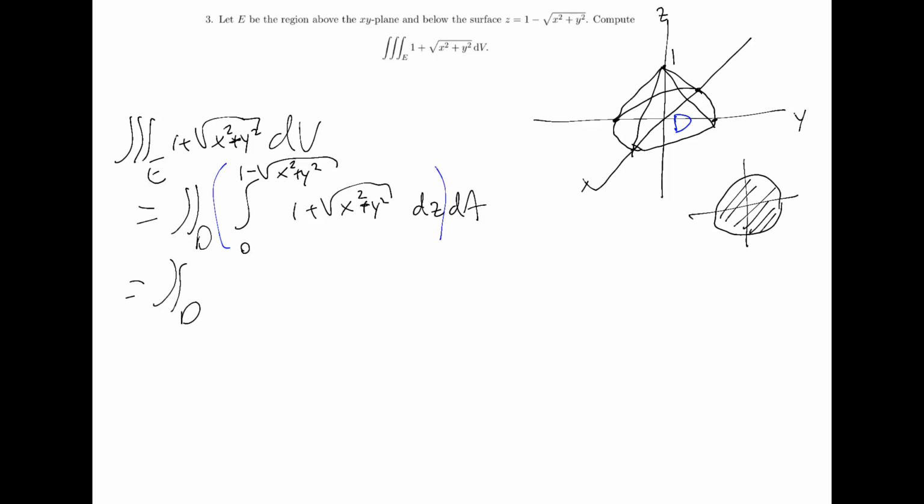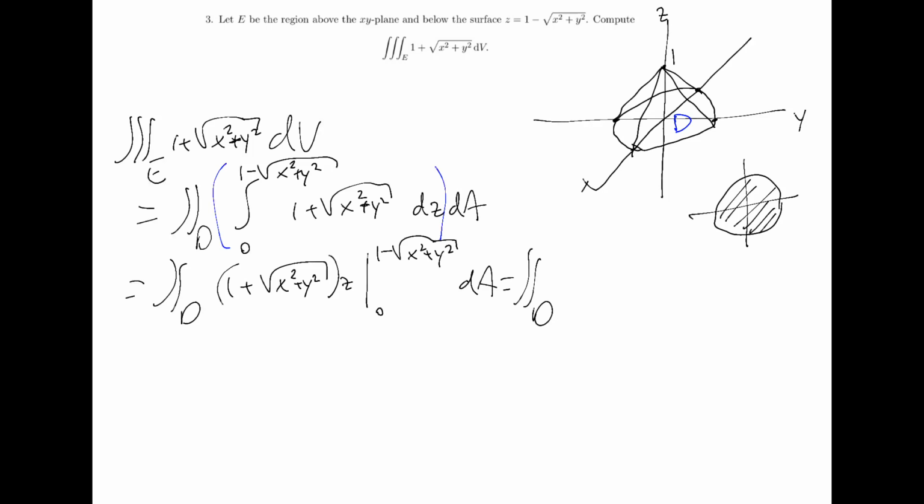So leaving the outer integral, we have to integrate this with respect to z, but this is a constant. So we get 1 plus the square root of x squared plus y squared times z, from the bounds 0 to 1 minus the square root of x squared plus y squared, dA.